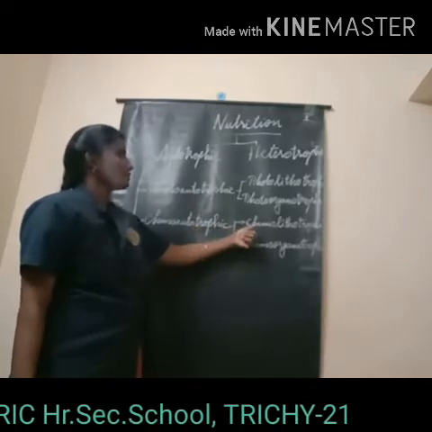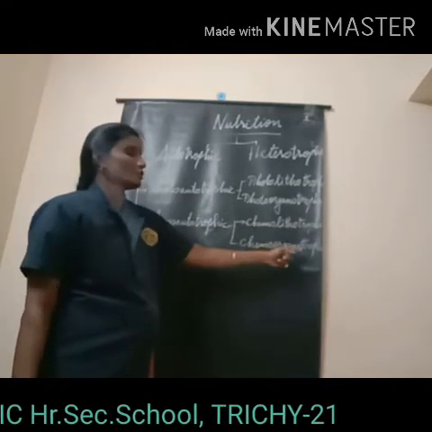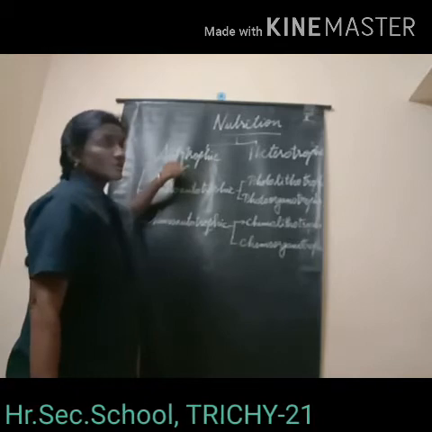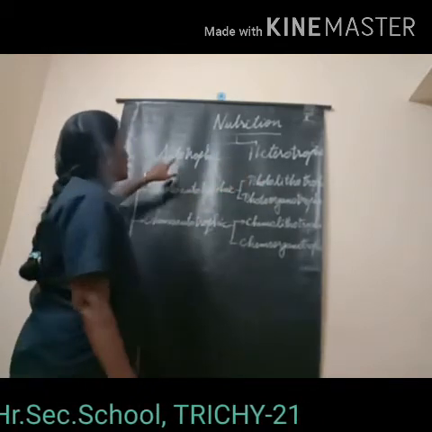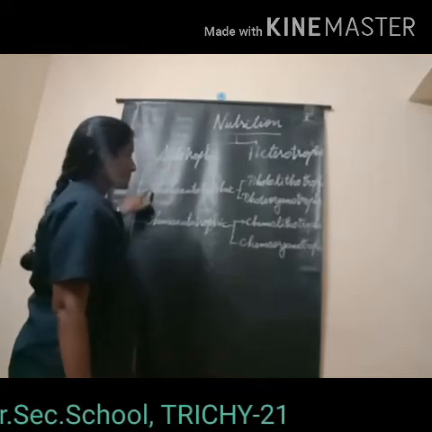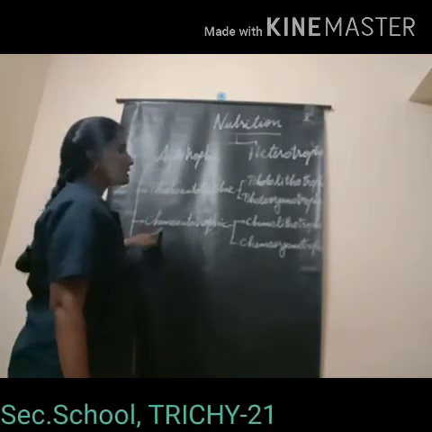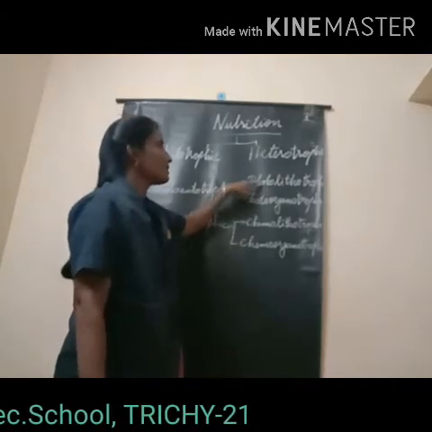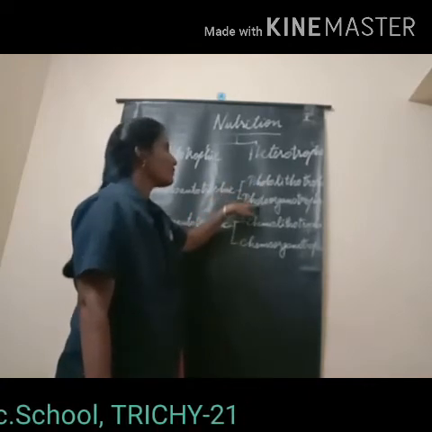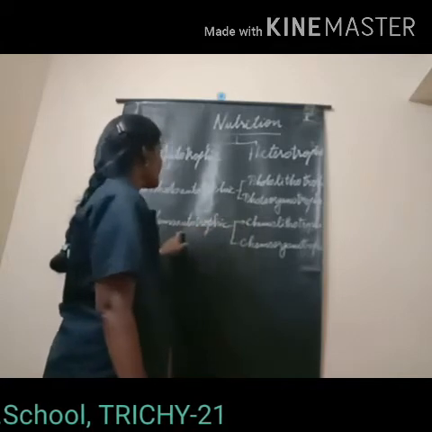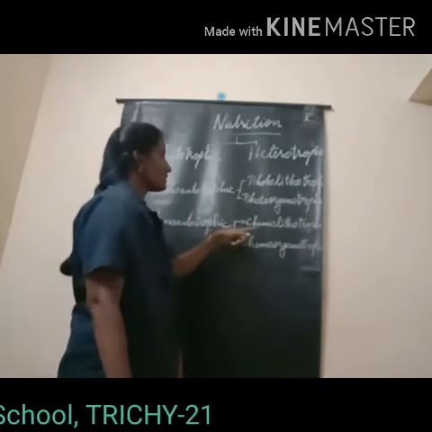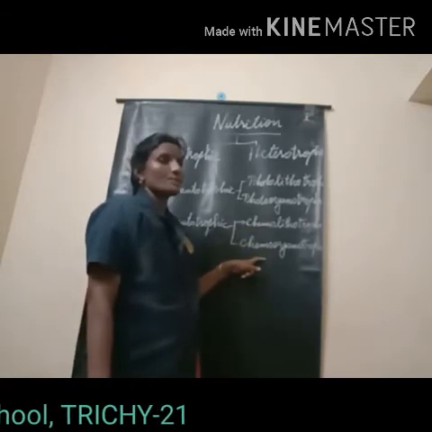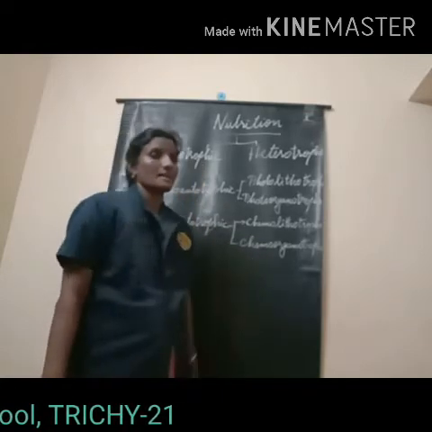Chemoautotrophic is divided into chemolithotrophs and chemoorganotrophs.